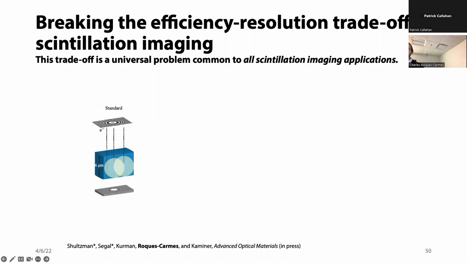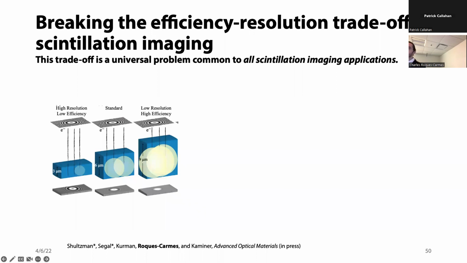If you make it thinner, you're going to get more spatial resolution. Typically, the spatial resolution scales with the thickness of the scintillator, but then you lose in detection efficiency. On the other hand, if you make it thicker, it's more efficient, but more blurry on the detector, so less resolution.